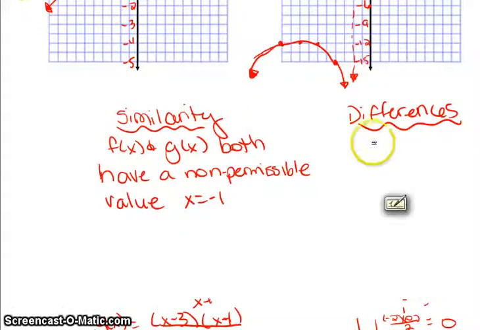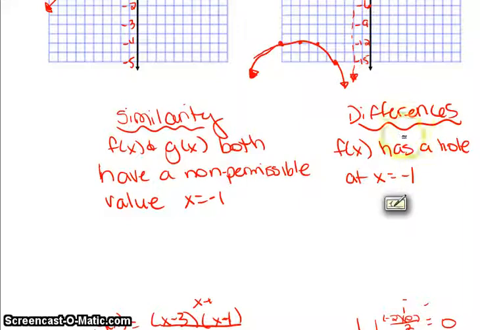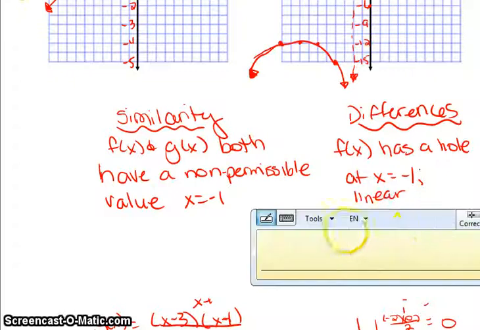So let's talk about f of x first. f of x does have a non-permissible value at x is equal to -1, but f of x has a hole at x is equal to -1. So that's comparing it to g of x, which has that asymptote, okay? And then if you want to talk about the shape, f of x is also linear, where g of x is not.